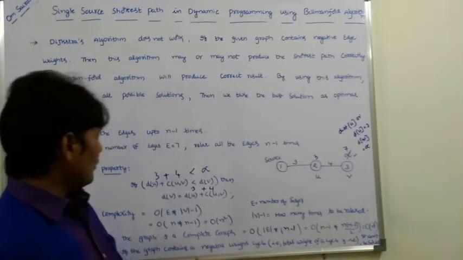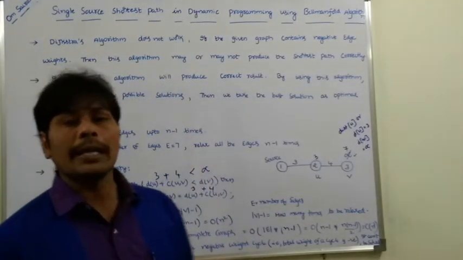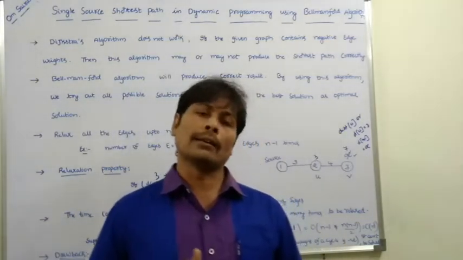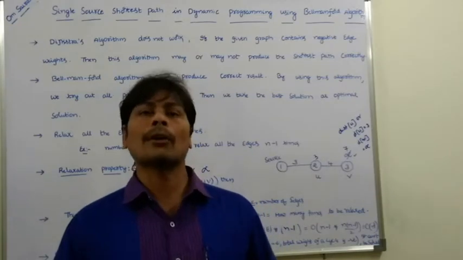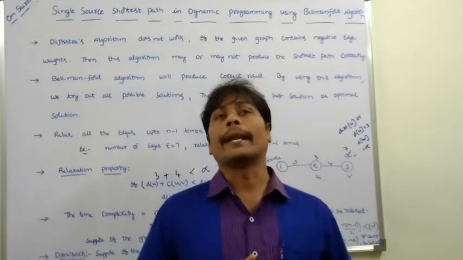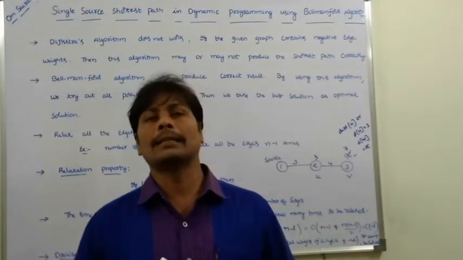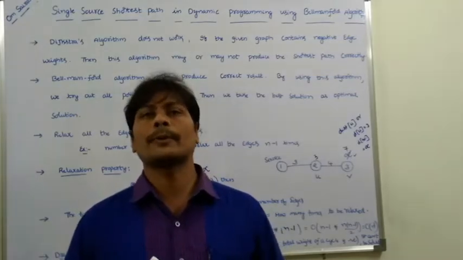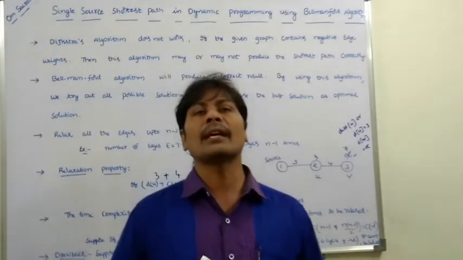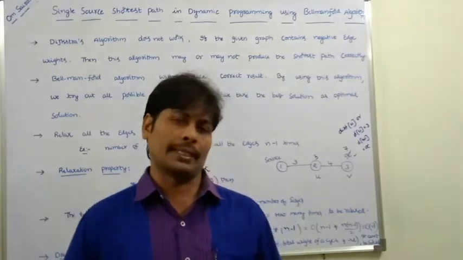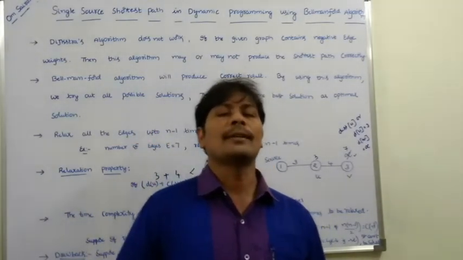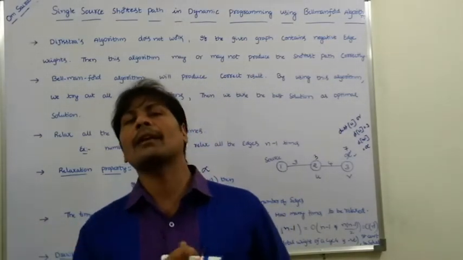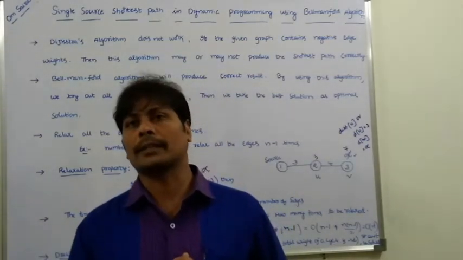Next, what is the disadvantage of the Bellman-Ford algorithm? Suppose the given graph contains a negative weight cycle, then the Bellman-Ford algorithm does not work to find the shortest path from the source vertex to all the remaining vertices of the given graph.